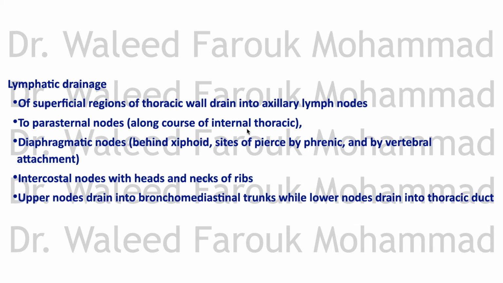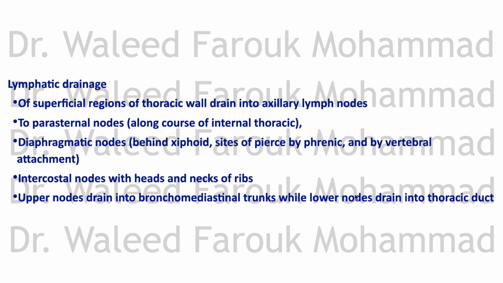They are present at the xiphoid, at the vertebral attachment, at the site where the phrenic pierces, and the intercostal nodes, some to the intercostal nodes of the back, to the heads and necks of ribs, especially along the posterior intercostal vessels. And eventually, all these drain into the thoracic duct, but the upper ones drain into an intermediary channel called the bronchomediastinal trunk, and then into the thoracic duct.